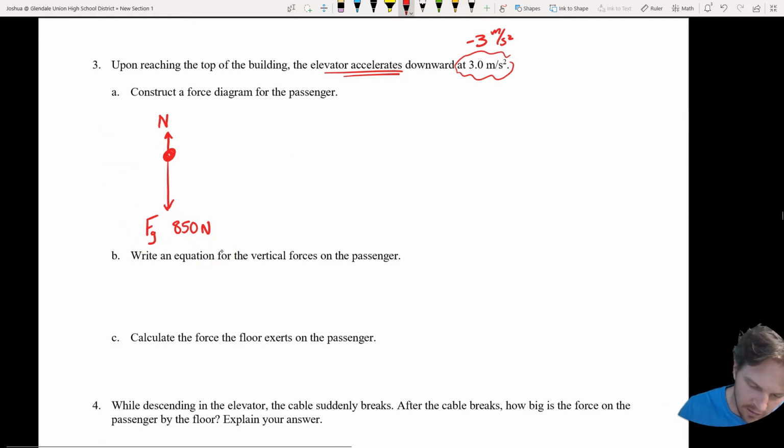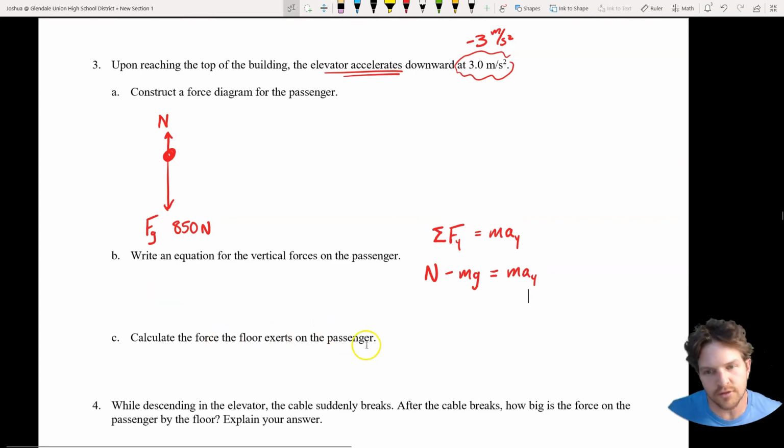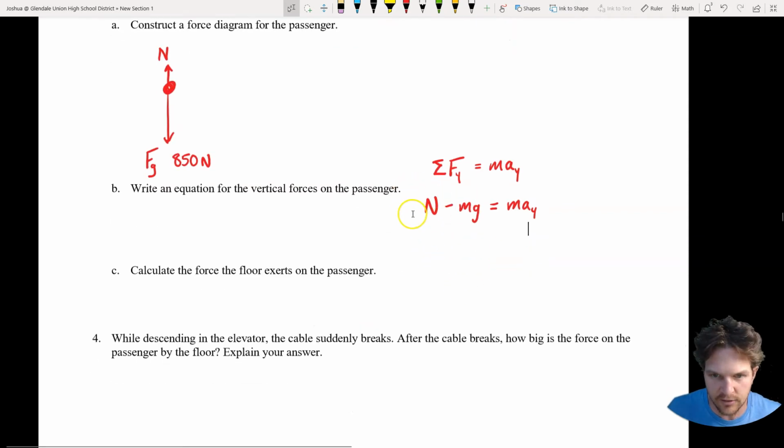We start again with Newton's second law here. All right, and it's going to be really similar to that last one. It's just different values going in. Calculate the force the floor exerts on the passenger. Well, that's, again, me isolating this normal force variable. So same exact steps as before.